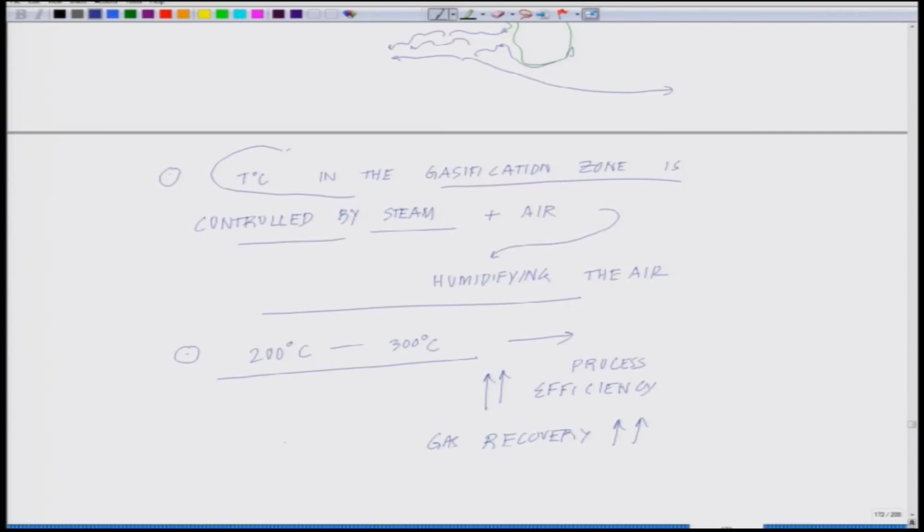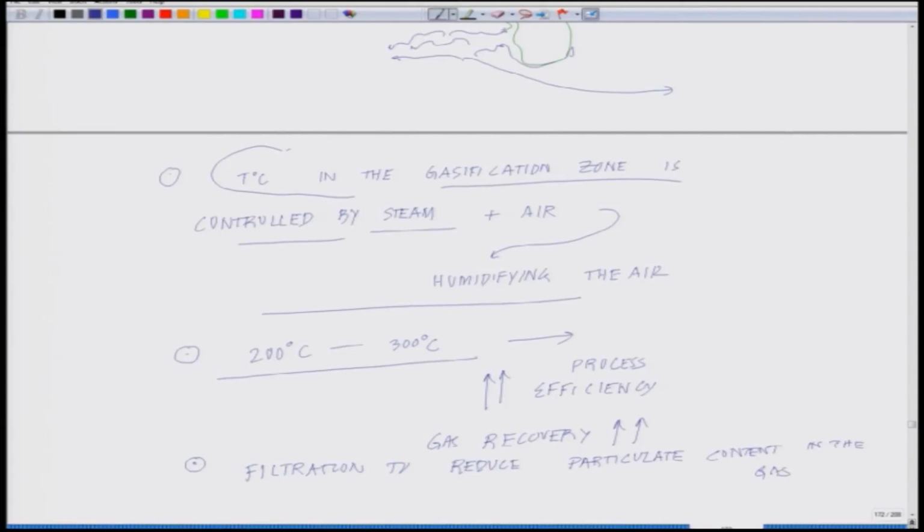And the last important point is that the filtering effect on the feed helps to produce gas with low particulate content. So, filtration to reduce particulate content in the gas. Again, let us refer to the picture.